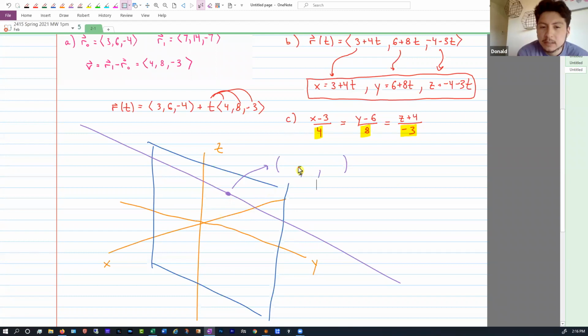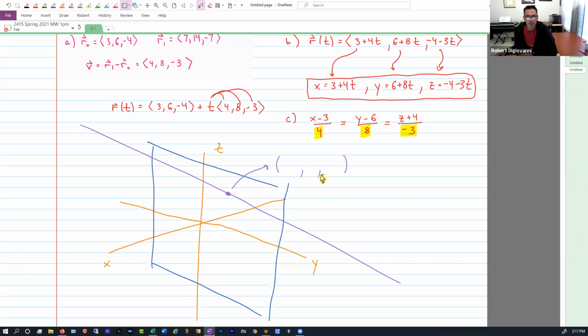If you're on the YZ plane, that forces one of these numbers to be something. It'd be 0. You're right, but which one of them has to be 0? I would say y. Okay, the y would be 0.